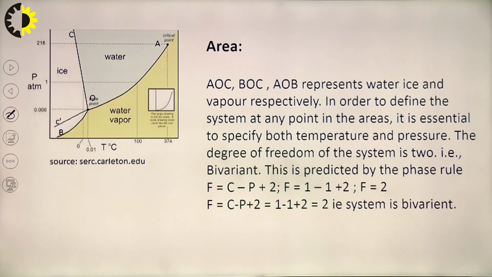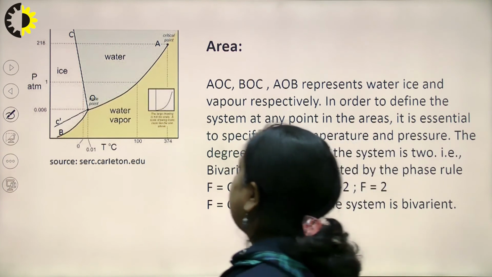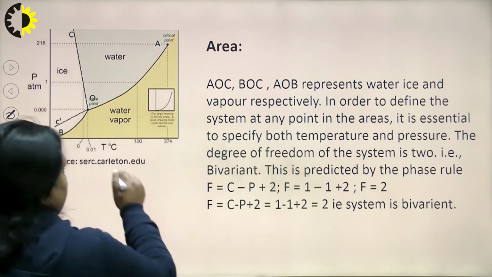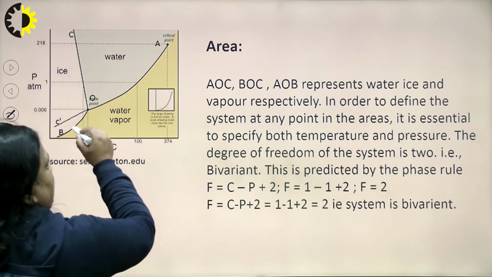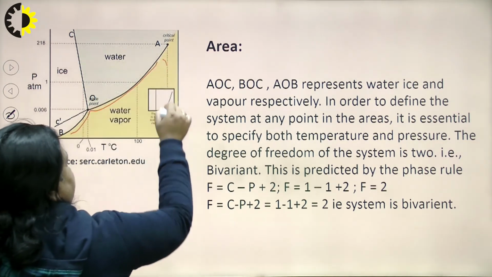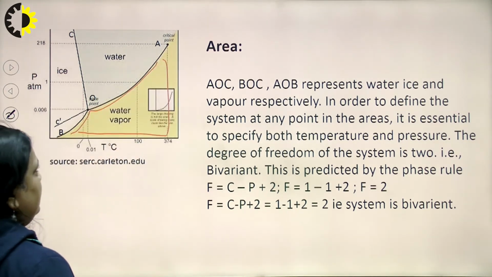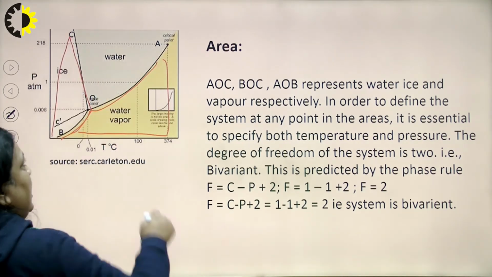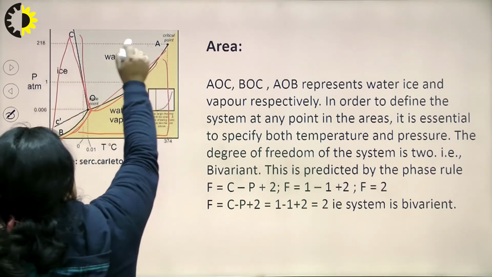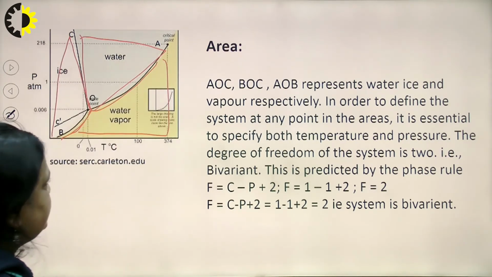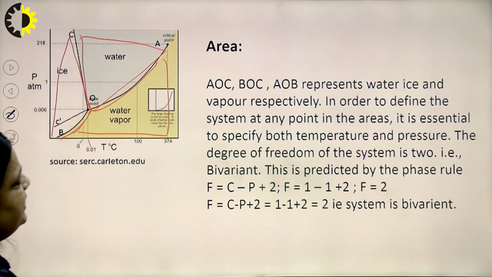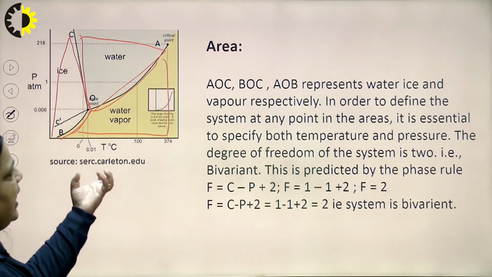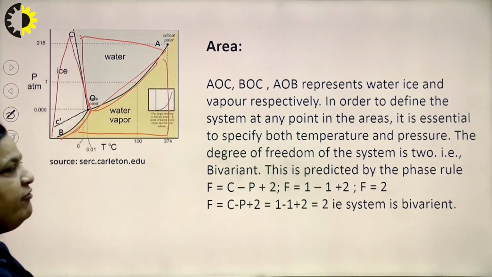Now, next is the area. If we discuss the areas, there are three areas. First is AOB, second is BOC and third is AOC. They represent ice, water and water vapor.